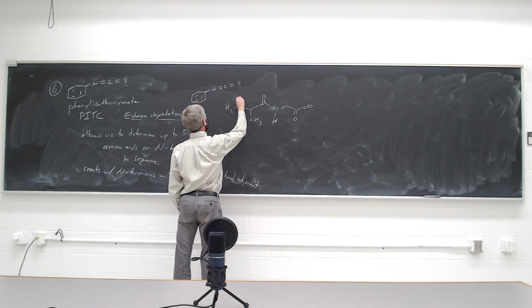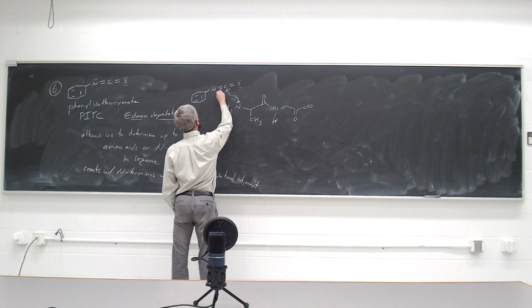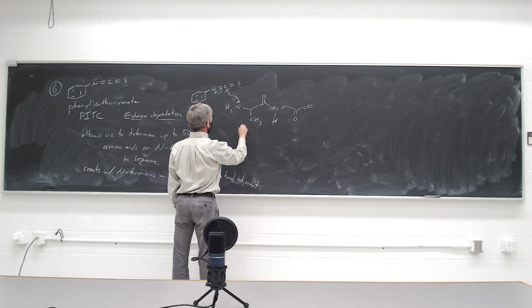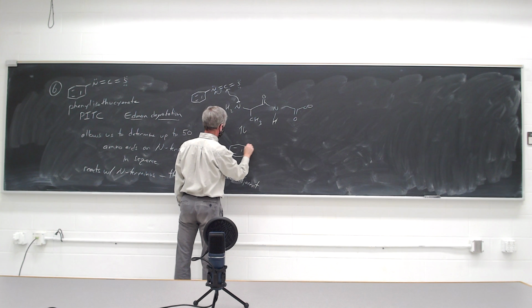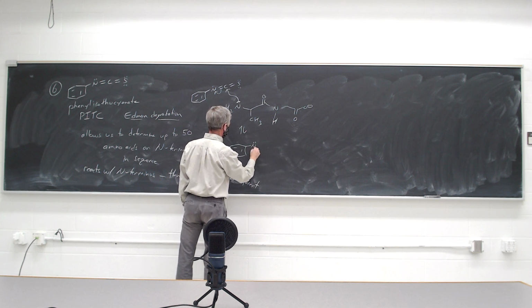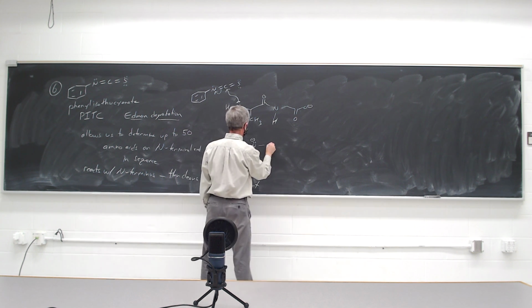It's going to attack the carbon, and it's going to push a pair of electrons out. And I've pushed them onto the nitrogen because the nitrogen is adjacent to the benzene ring, so that's benzylic.